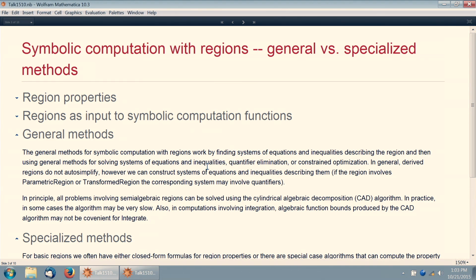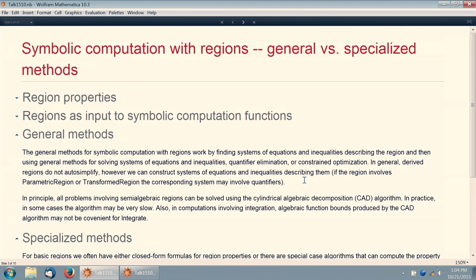It would be solving equations and inequalities, quantifier elimination, or constraint optimization. And the most general method that we use there is the cylindrical algebraic decomposition algorithm. So in principle, we can compute anything about semi-algebraic regions, these regions that can be described by polynomial equations and inequalities. But the algorithm we are using there is general, but it's slow.